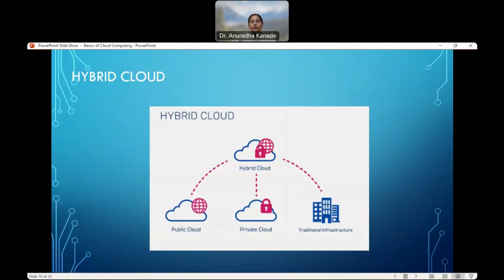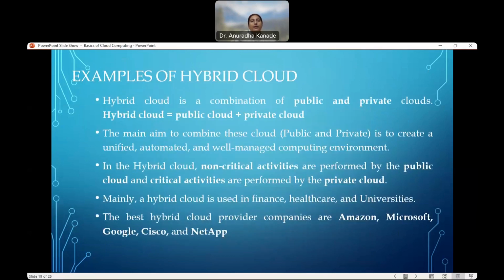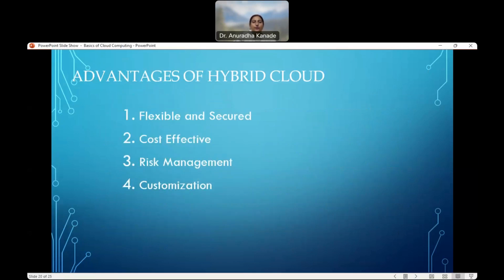So this is the diagram which can help us to understand the hybrid cloud facilities. Hybrid cloud can be considered as public plus private cloud. The examples are Google, Cisco, NetApp, Amazon, and Microsoft.